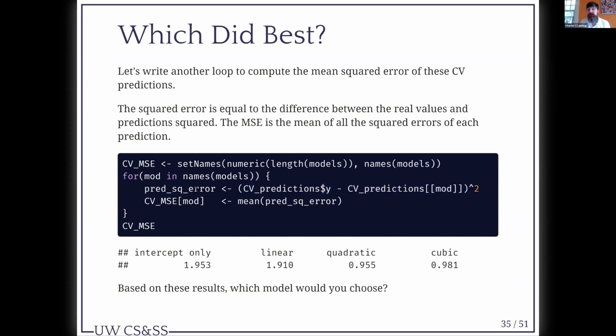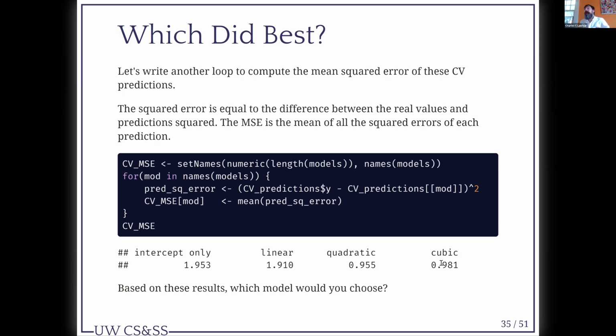This ends up being a vector of length 300 because there's 300 data points in our data, so there's 300 different errors. Then I just take the mean of that squared error and I assign it to CVMSE, intercept only, linear, quadratic, or cubic for each iteration. Okay? I display it, and this is the mean squared error for the intercept only model, the linear model, the quadratic model, and the cubic model.